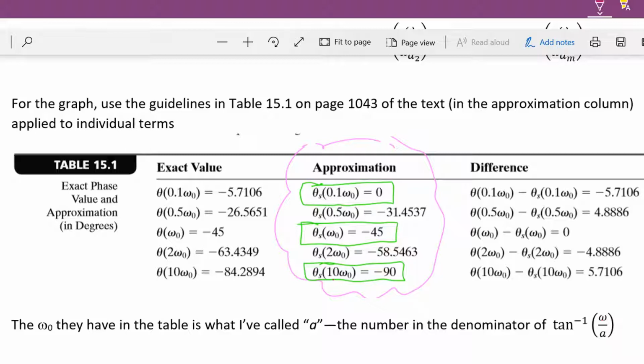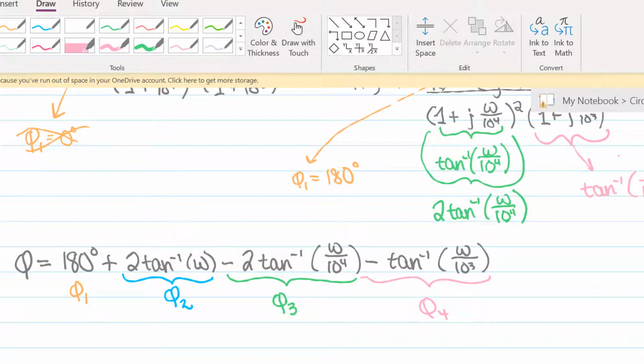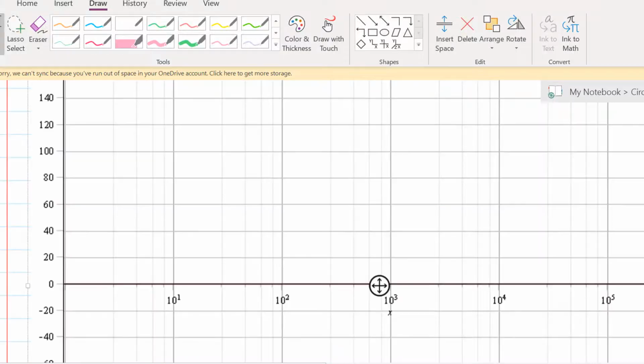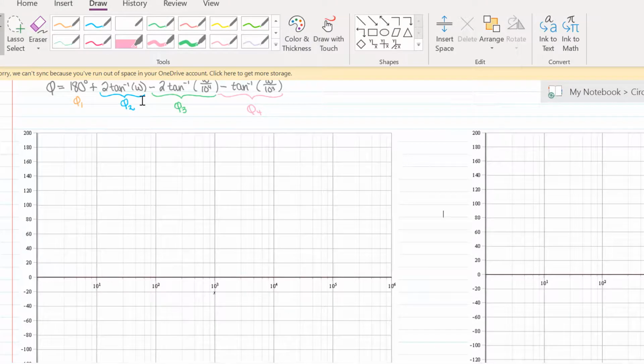Okay. So let's go back here. This first one, that's just a constant term. So it's always at 180. So I'm going to, and I have another semi-log scale down here. Okay, so first I just want to graph 180 all the way across.